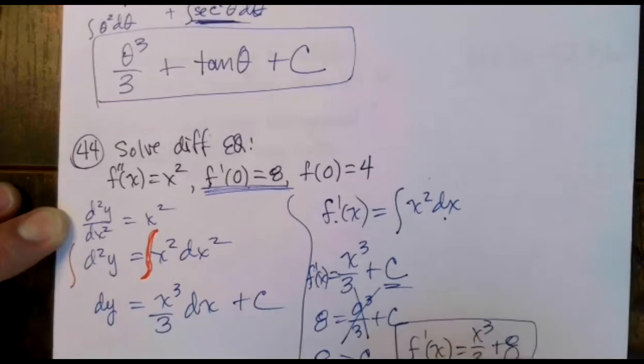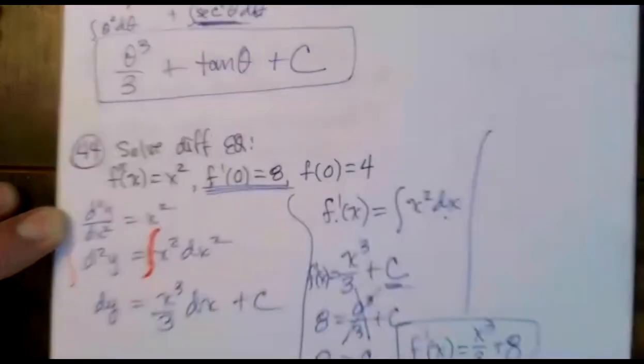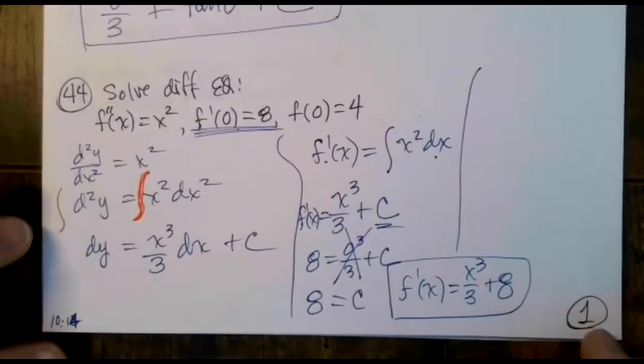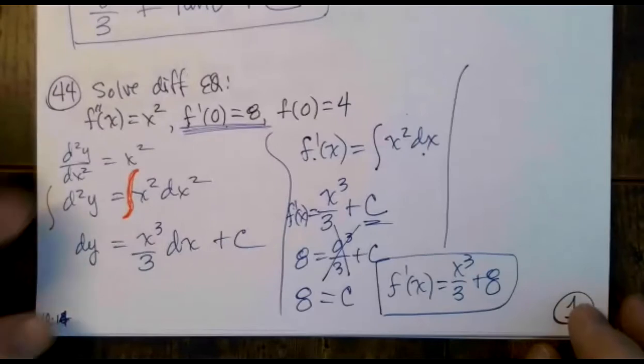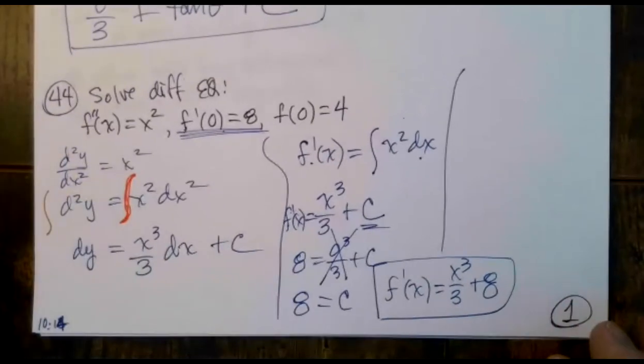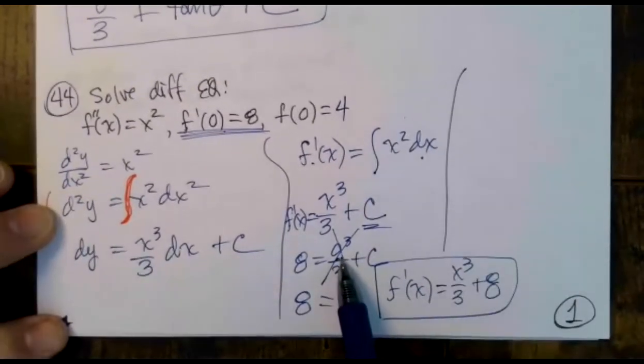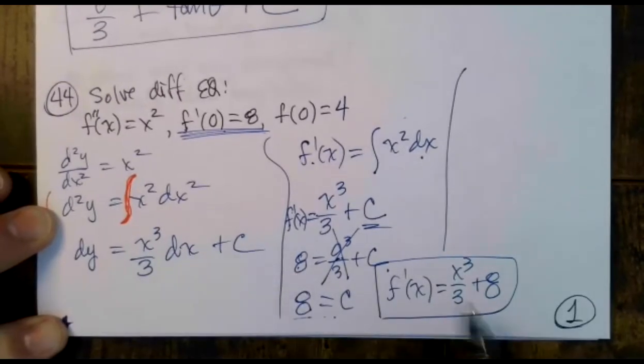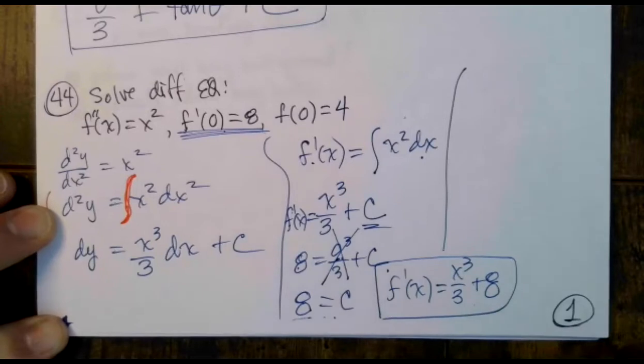We're not done though, because that still has a derivative in it. So if it says solve the differential equation, oh, I'm off screen, I'm so sorry. You were probably yelling at me, but I couldn't hear you. All right, so again, I substituted 0 and I substituted the 8. I solved for c, there's the 8, and then we rewrote it with the 8 in there.